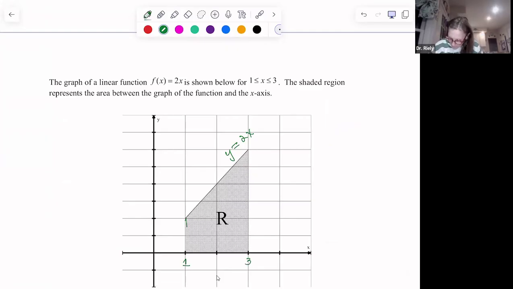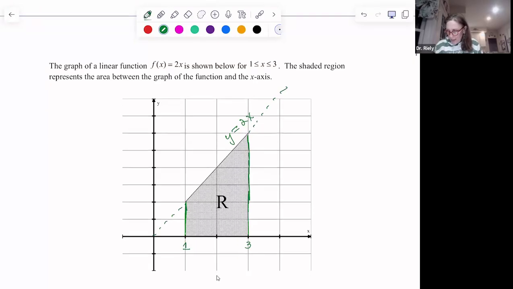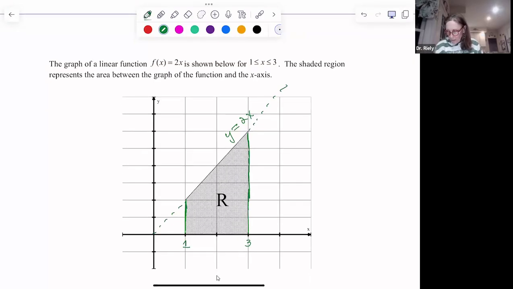So I'm going to stop the line here, because when we get to the lowest part of the domain, that's where we're going to stop our line. And likewise, the highest part, because we know that this line is going to go forever and ever, but we want to get some kind of answer here. So notice that we're always figuring out the area between the curve and the x-axis. So we're not going below the x-axis. So the shaded region represents the area between the graph and the x-axis.